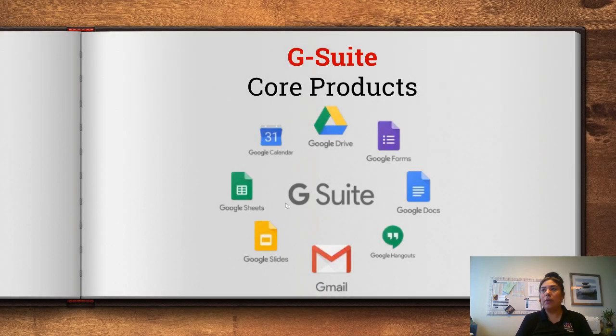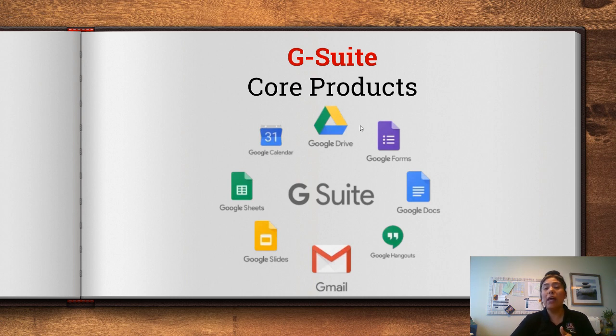So what is G Suite? A lot of us are used to the Microsoft software where we go and we use Word, we use PowerPoint, and we use maybe Excel. So what Google has done is they created G Suite core products. And these are some of the core products that are available to you on a cloud-based, so online application base, no need to download software to a device.